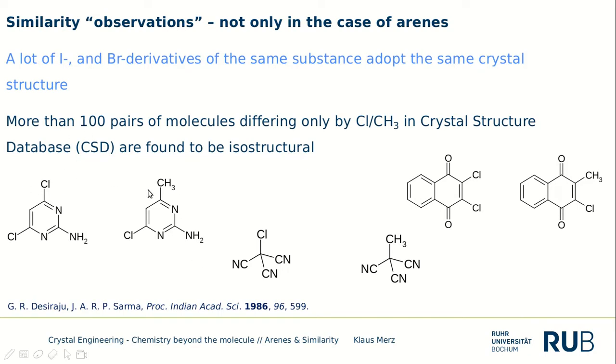But one important exception: this rule fits only if you switch one methyl to one chlorine. If you change several, so if you change both chlorines to methyl, you will not get the same crystal structure.